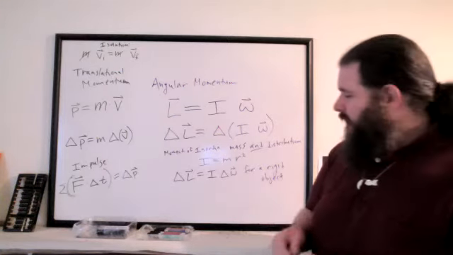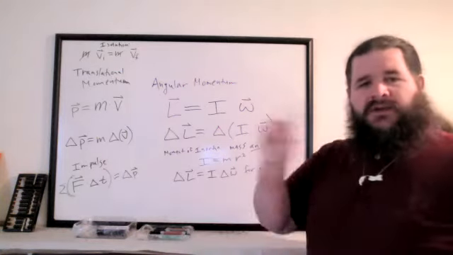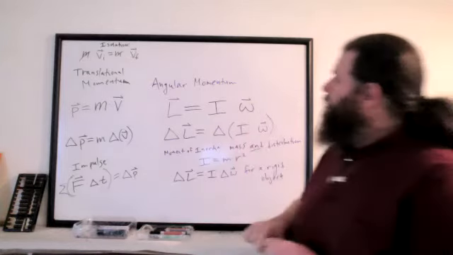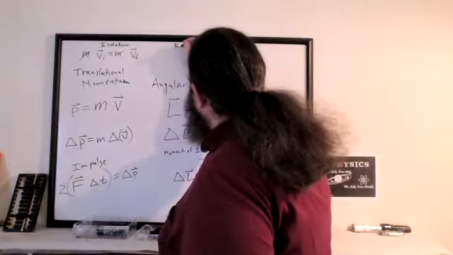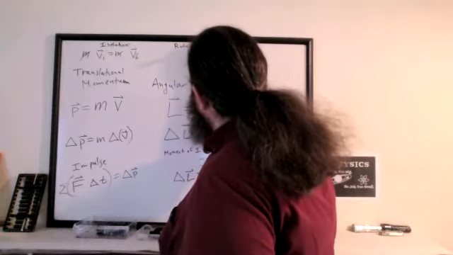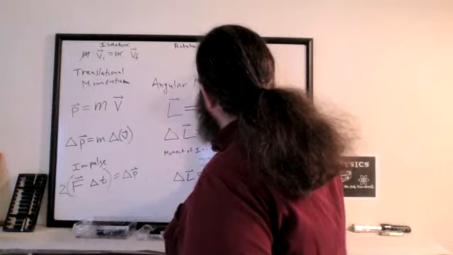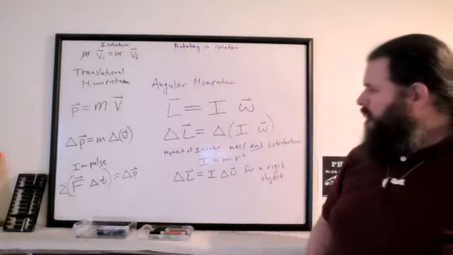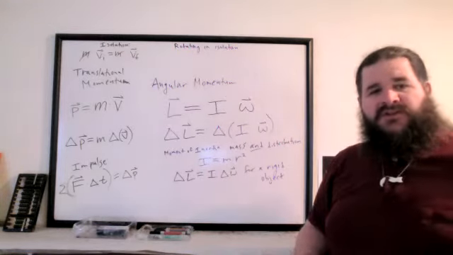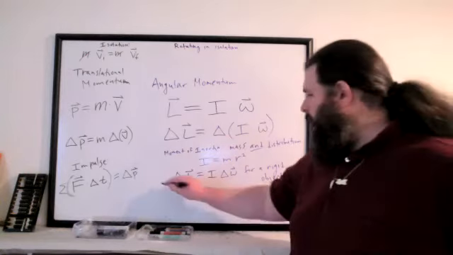If we try the same thing for angular motion, though, if we've got a rotating object in isolation, no torque, because that's what you have to do to change the angular momentum.